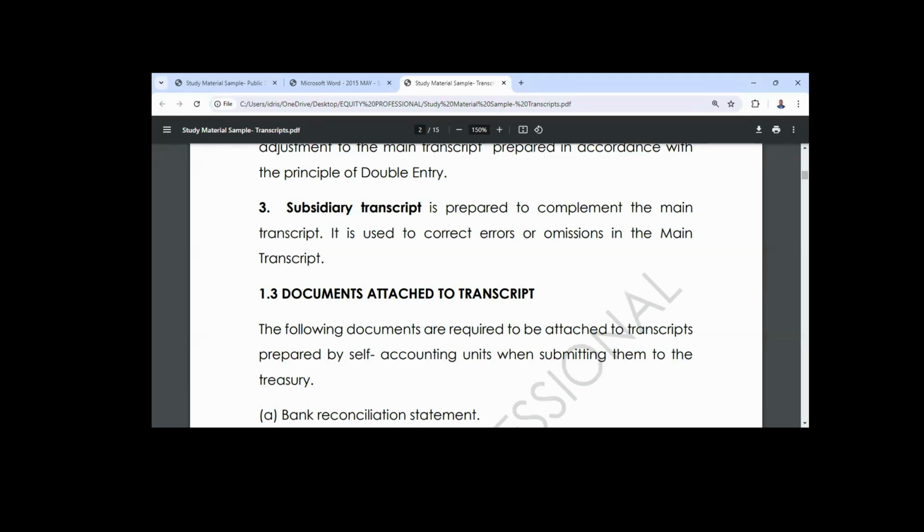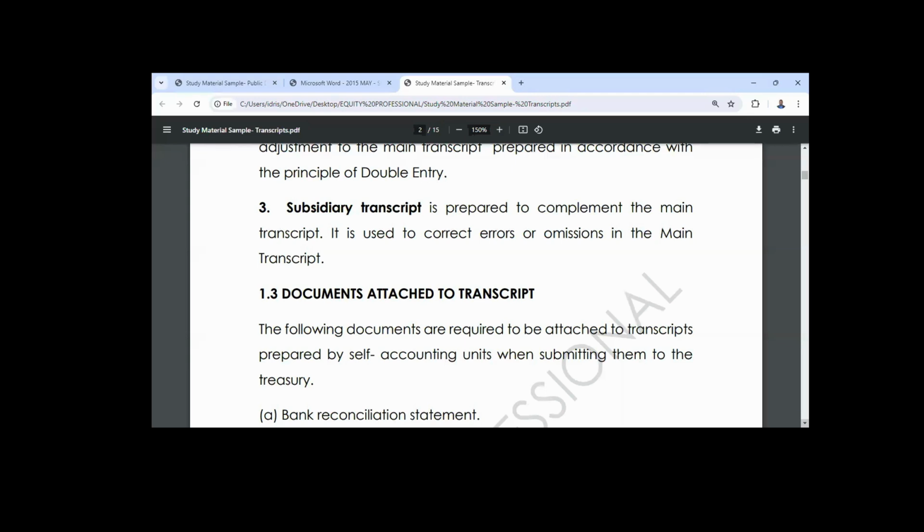Now, what are the documents to be attached to the transcript? Every month, every ministry, department, agency will submit their final transcript, which is the main transcript, the cash transcript, to the Accountant General of the Federation.